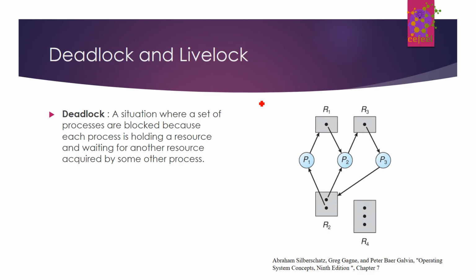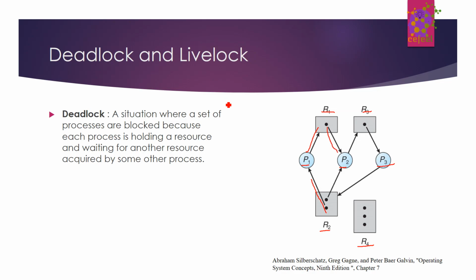So here is an example. Normally processes are represented by circles. Here we have P1, P2 and P3, three processes, and then we have 4 resources, R1, R3, R2, R4. P1 has resource R2 over here, and P1 is asking for R1.